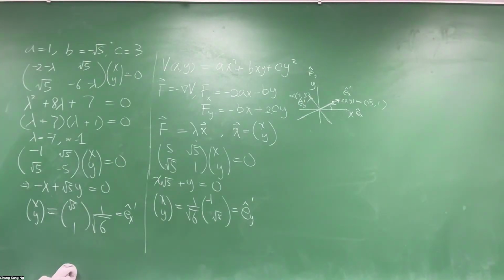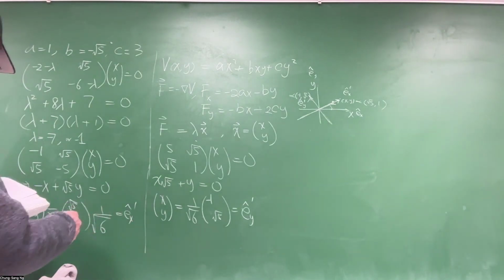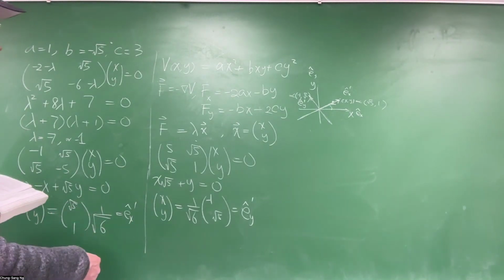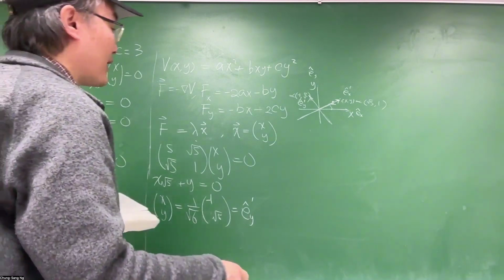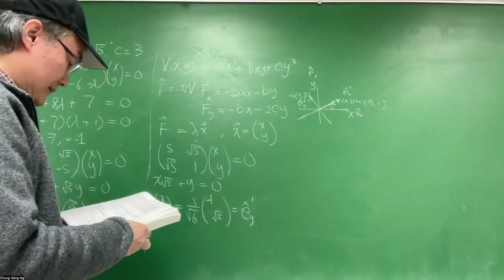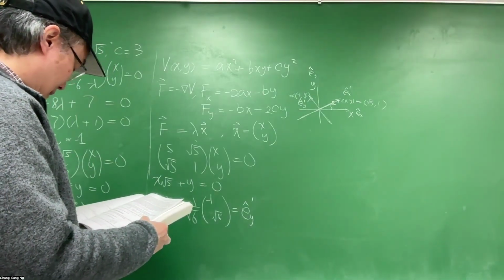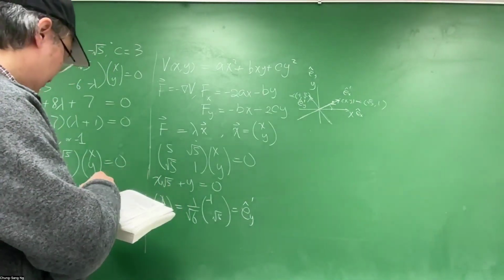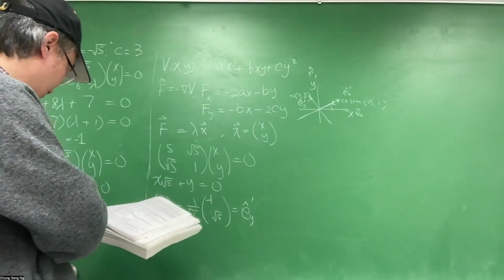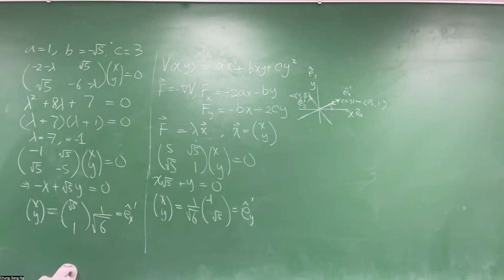So basically this direction will be your new axis, and then you can define your x and y accordingly. It becomes x prime and y prime, and then express your original problem in x prime and y prime.